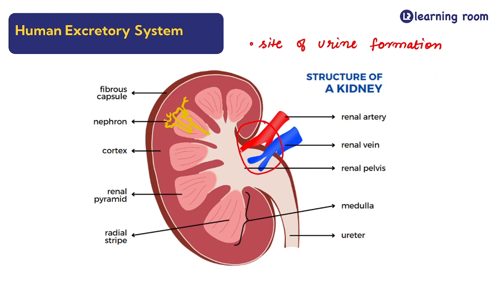This region of the kidney is the surface that faces the vertebral column, and it is concave in nature. And somewhere here in the concave region, there is a depression at which the renal artery, renal vein, and nerves enter the kidney. And we call this depression the hilum or the hilus.